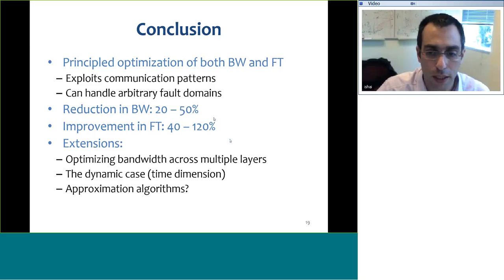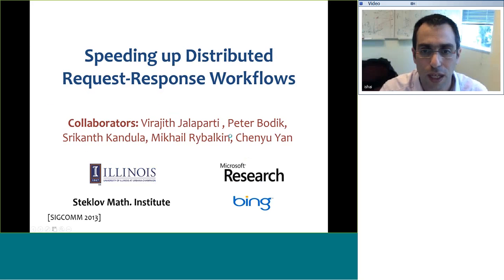So, the second part of my talk, and I'll also have two slides towards the end on a brief look at some other stuff that I'm doing. This second part is about speeding up distributed request-response workflows, or if you wish, a simpler way to state this is basically improving the latencies that you see in Bing.